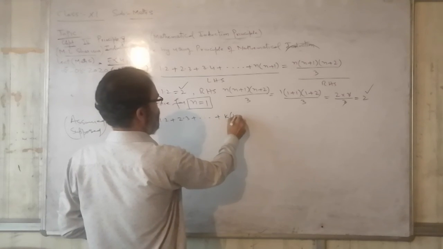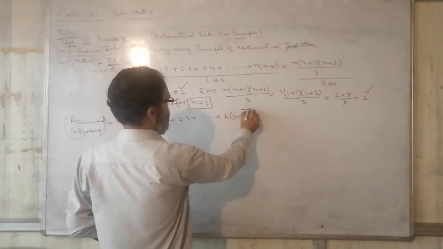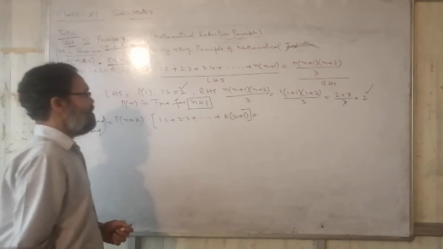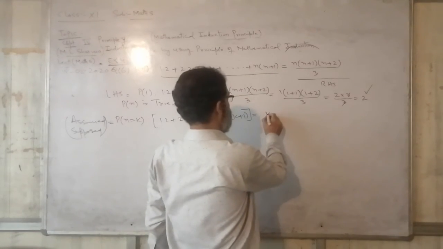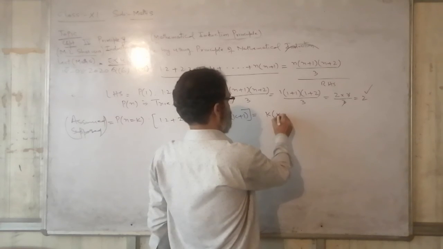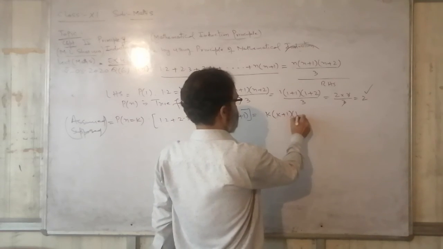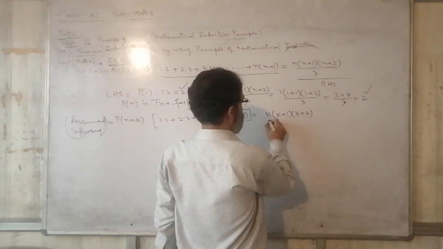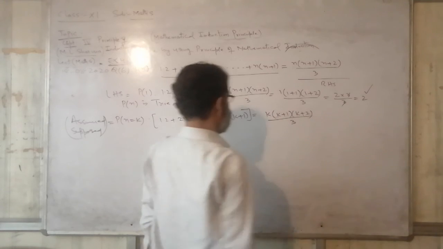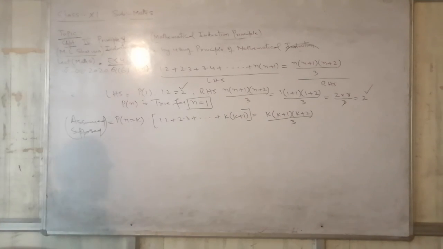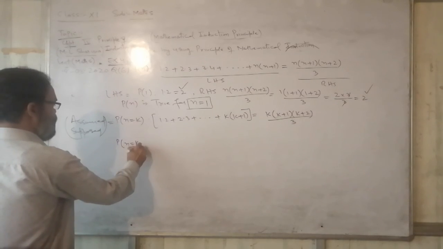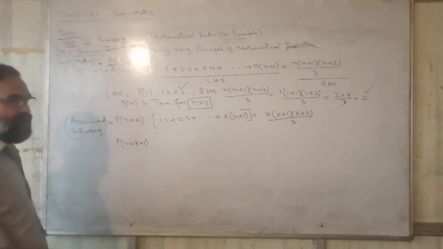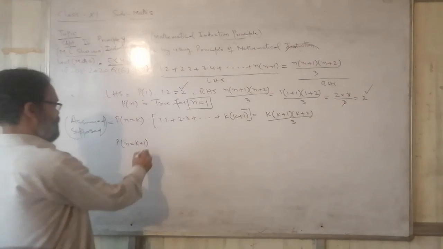Here you have to write k instead of n. This is left hand side, and on right hand side, instead of n, write the k. Step second is over. Step third is the main step involving k plus 1 term.